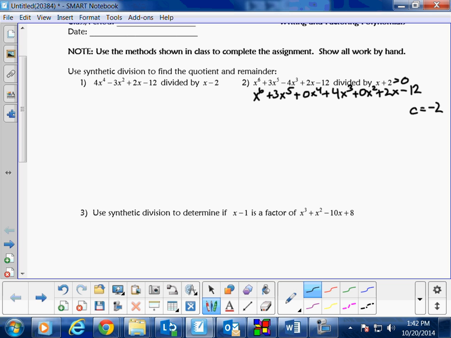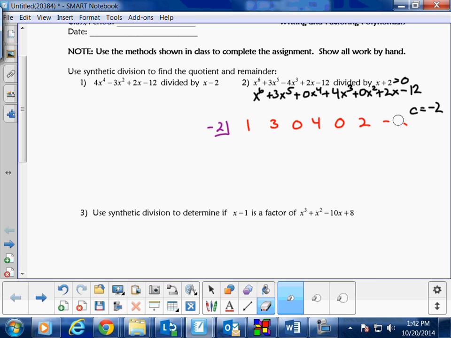With c being negative 2, let's write this here and rewrite our coefficients: 1, 3, 0, 4, 0, 2, and negative 12. The negative 12 didn't look so good, so let's fix it.